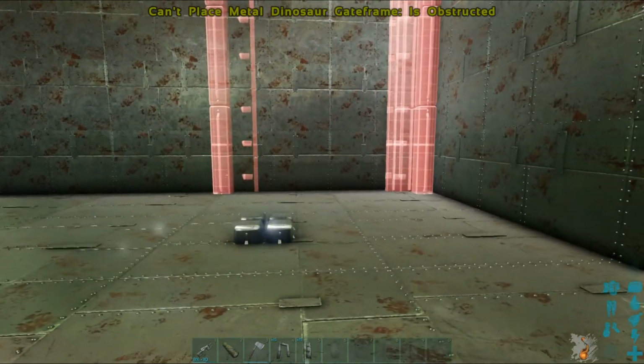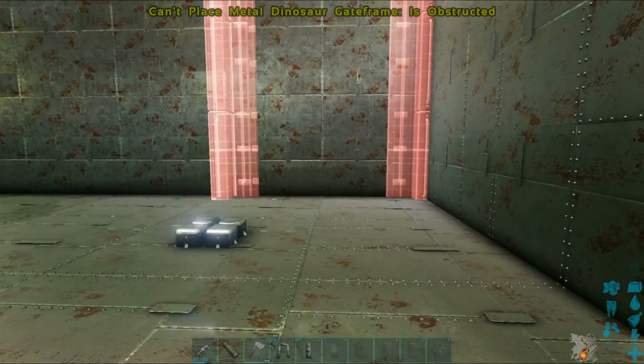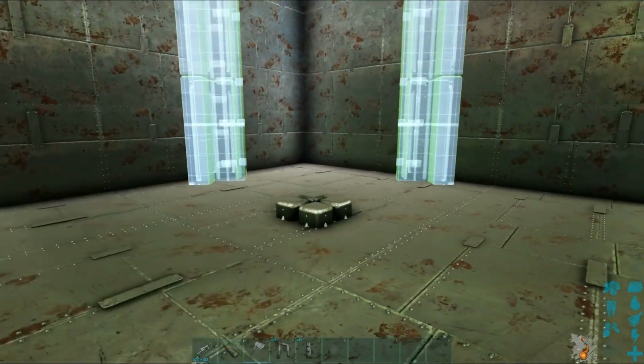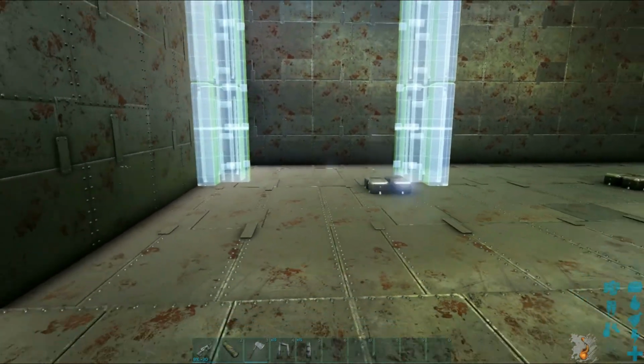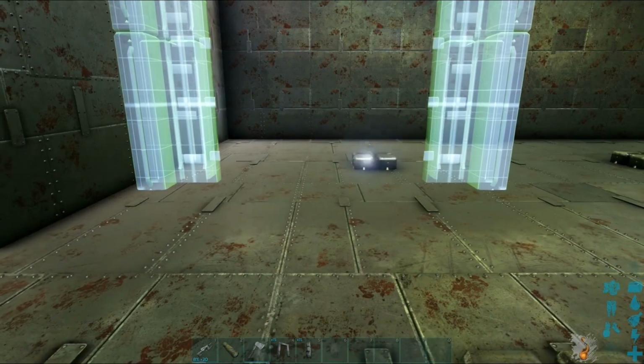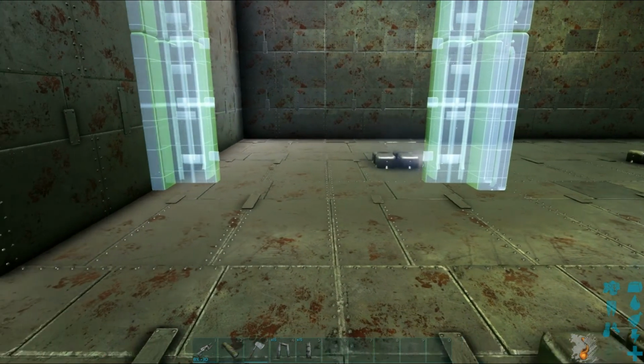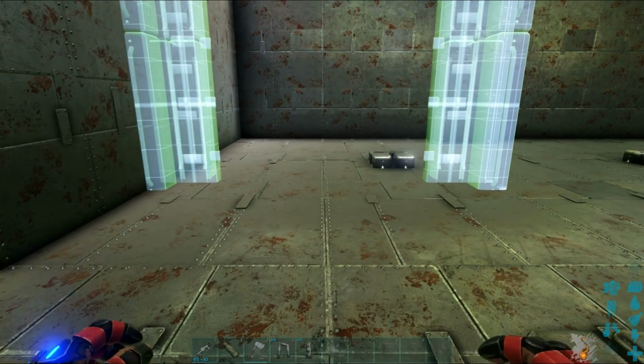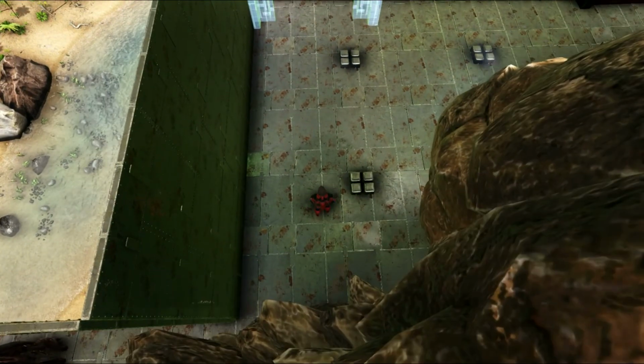So as you can see over there, that is 2 foundations wide and 4 foundations tall. This should be enough for these smaller dinos, and you can put here stuff such as Argent as well as any other smaller creature. As I said before, I will show you exactly why you want to build a breeding pen.